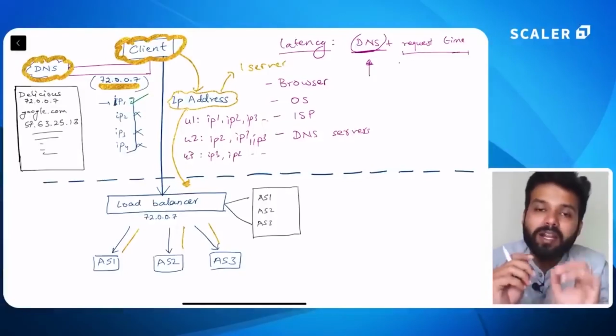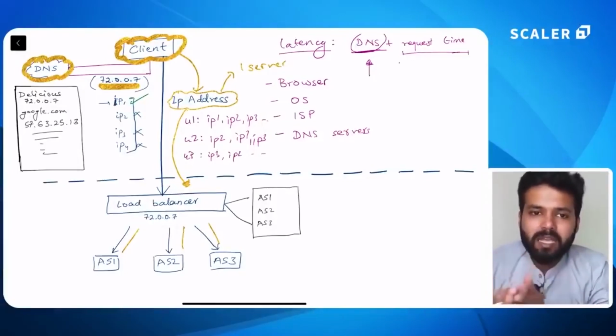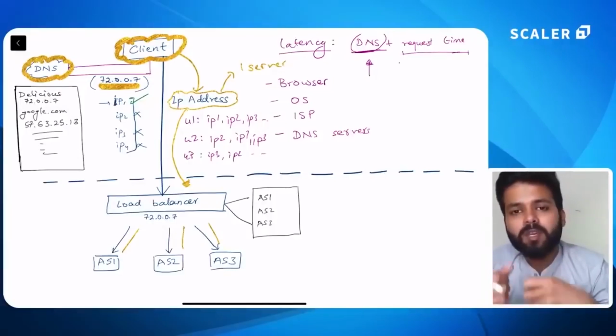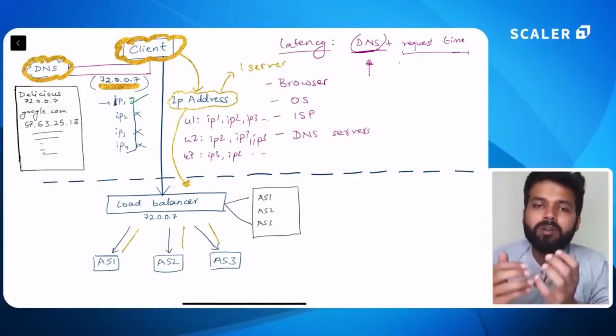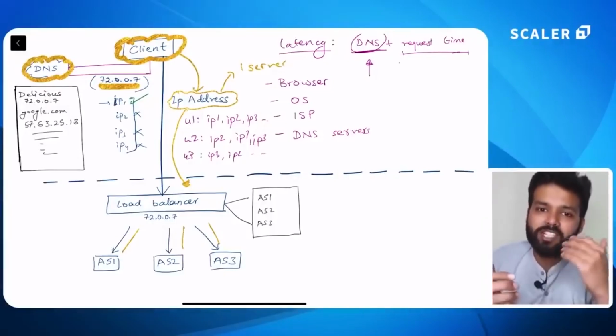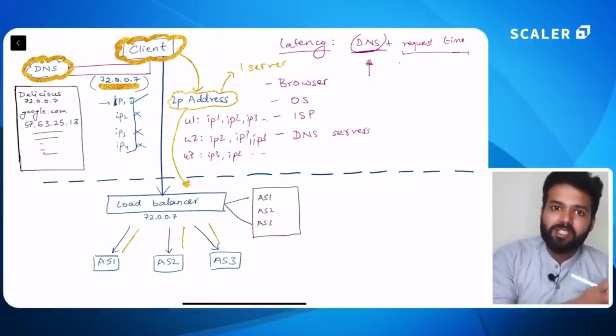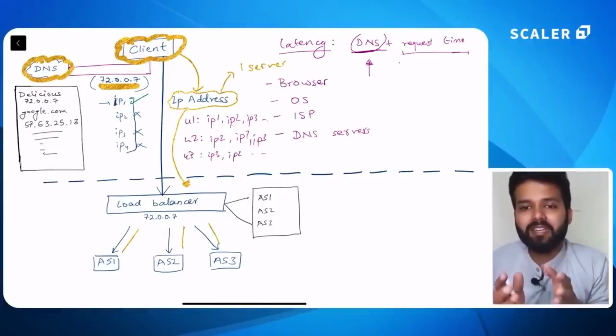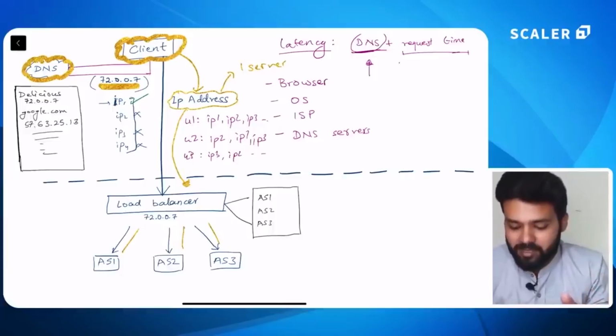Another important advantage of this approach is that it allows application servers to keep evolving without the need to make DNS changes. Now these DNS changes, we have learned, might take hours or even days in some cases.